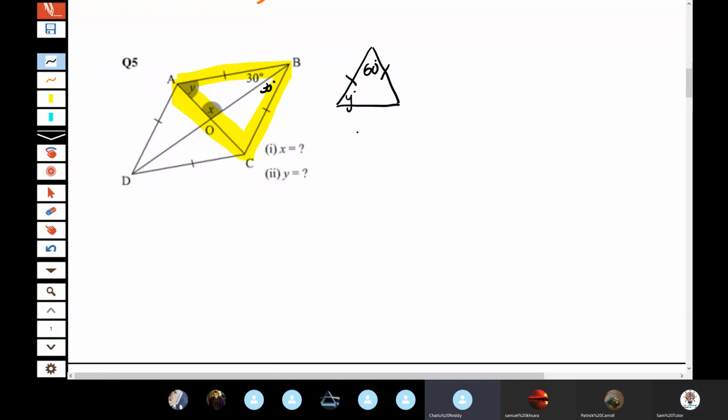No, you're missing it. If these two sides are equal, the base angles are equal. If the base angles are equal, then we know it would be 180 take away 60 degrees, which is 120. And then you're going to divide it by 2. So that means y is equal to 60 degrees.